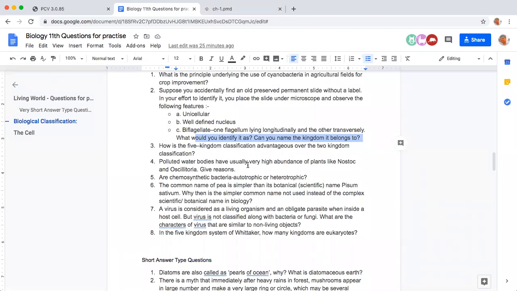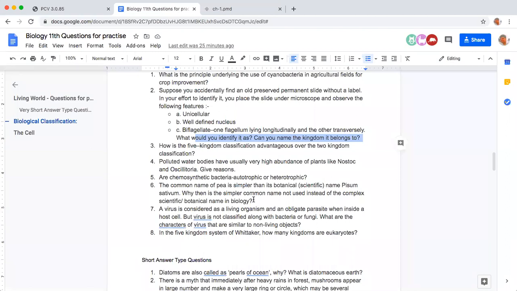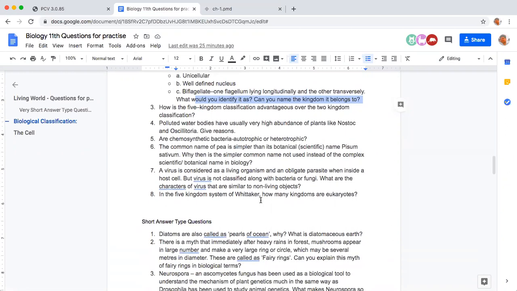Why are they going up? Because organic matter is increasing. The polluted body will have lots of organic matter which can be consumed by these organisms, because they will have abundance of nutrients.